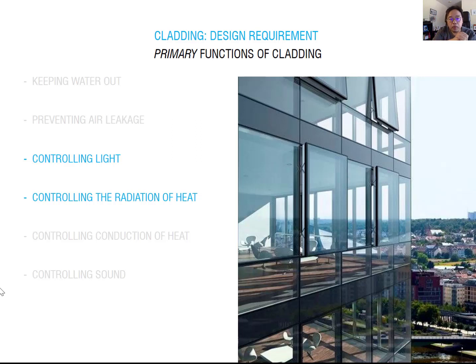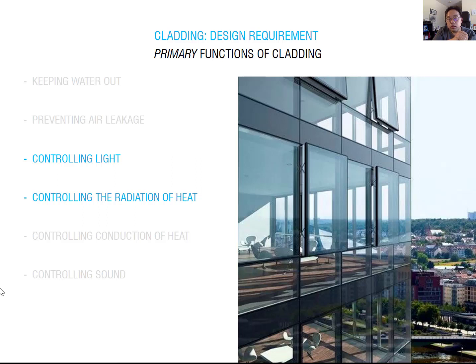Next one is controlling the radiation of heat. The interior surface can cause discomfort due to radiant heat transfer in the summer. So as we talked about, you have to protect against summer radiant heat, but still get the winter radiant heat.